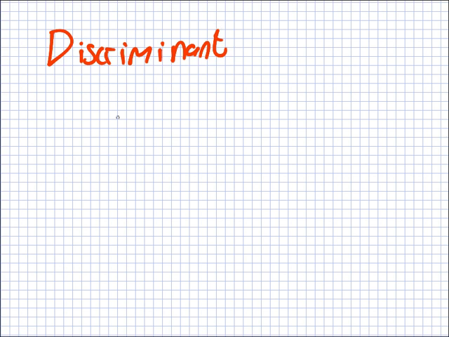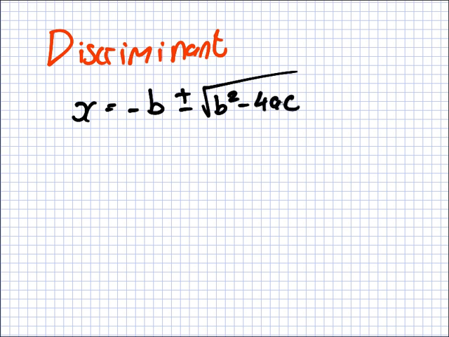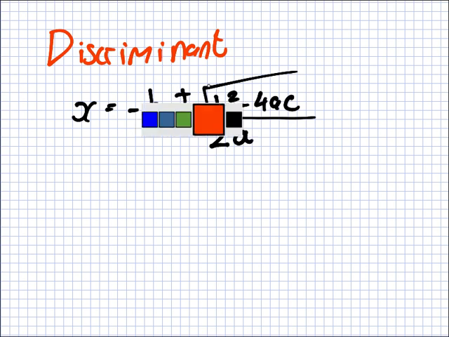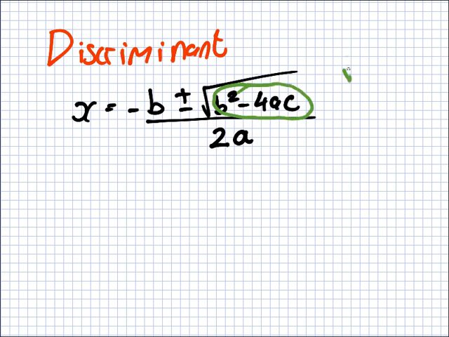Last time we did the formula x equals minus b plus or minus the square root of b squared minus 4ac, all over 2a. It turns out that this piece is really important, because if you have a root of a positive, you're allowed to have plus or minus.